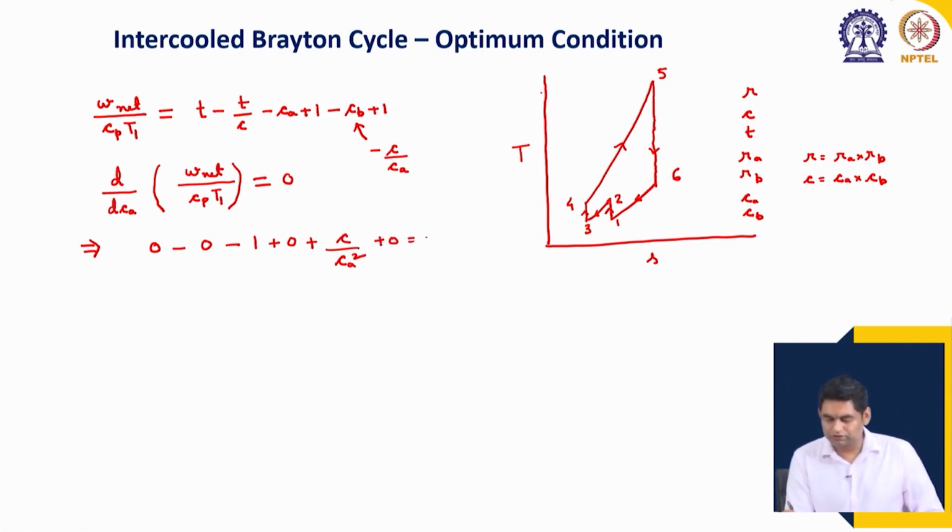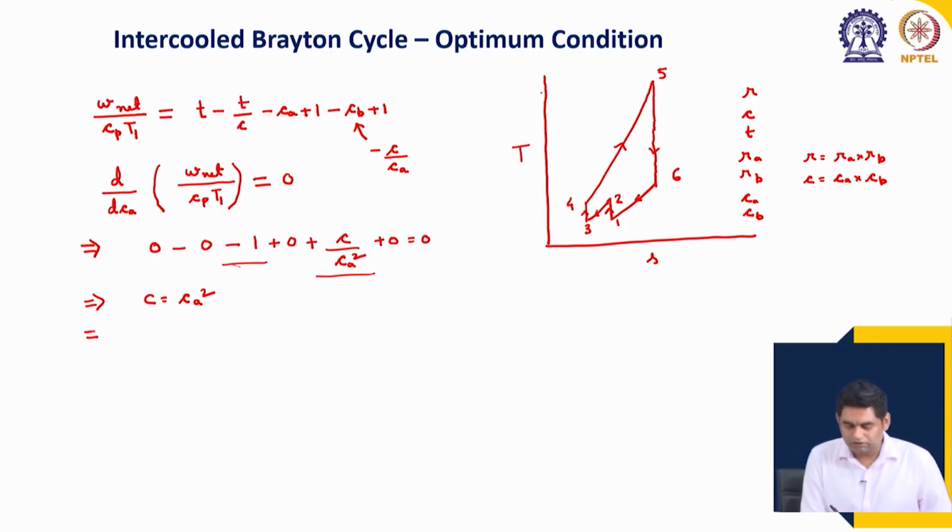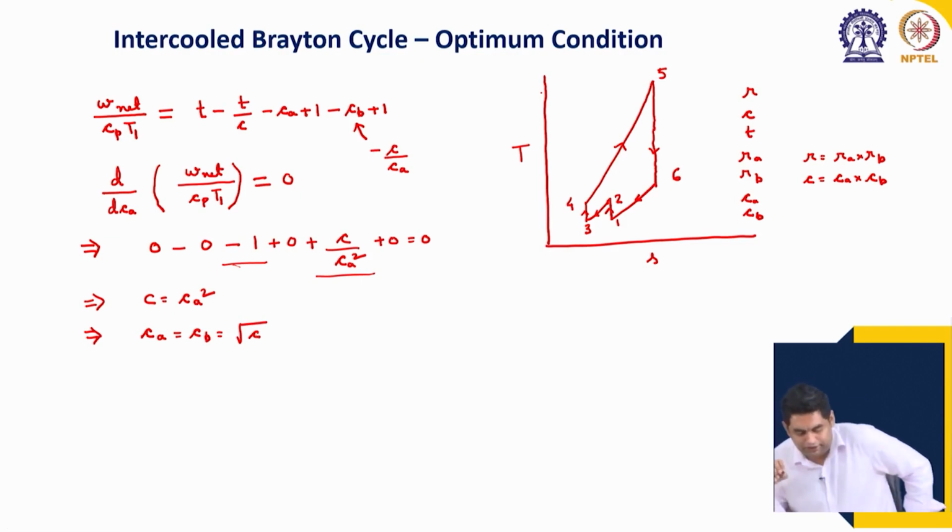So, this is equal to 0, which means that C is equal to CA square, from these two non-zero terms. This means that CA is equal to CB is equal to root C. So, similar to the reheat cycle, here also if the pressure ratios are equally divided, both the compressors having the same pressure ratio, then we get the highest work output from the cycle.